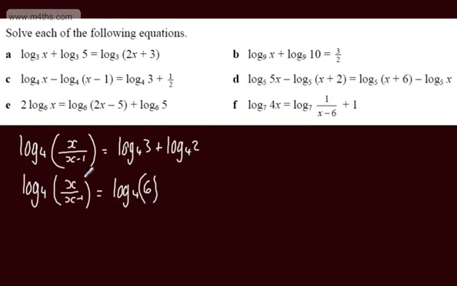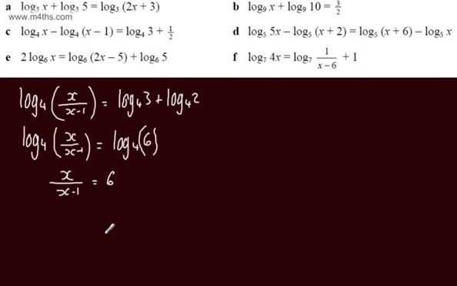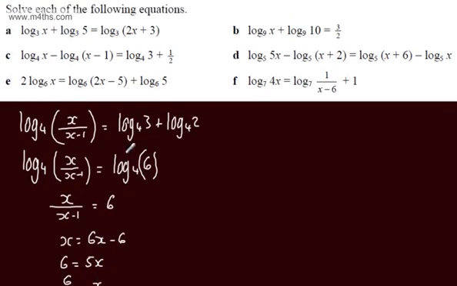So at this stage, I can write now that x over x minus 1 is equal to 6. We can go ahead and solve for x. So multiplying both sides by x minus 1, we have 6x minus 6. So we can see that 6 will be equal to 5x, and then 6 over 5 will be equal to x. And again, looking through the equation, we can see that that will hold.